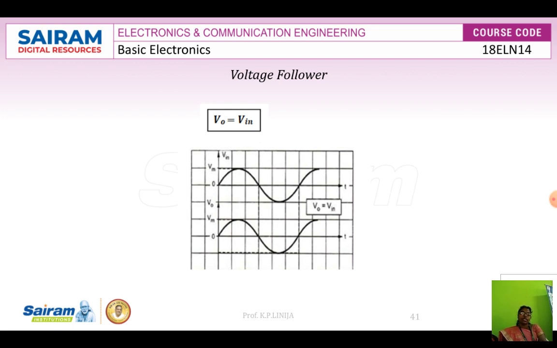The input on the y-axis is represented as Vm, the maximum amplitude of the signal, and the x-axis is with respect to time. We have taken a sinusoidal wave with maximum amplitude Vm, and whatever the input, the output also obtains the same. That is nothing but V naught is equal to Vin.